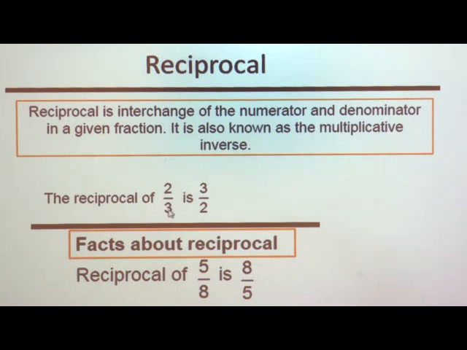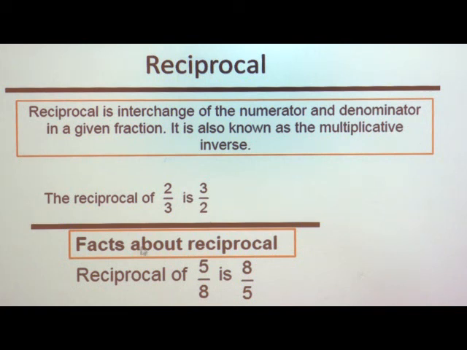So the denominator 3 will go in the numerator, and the numerator 2 will go in the denominator. We just interchange, or we can say it is a multiplicative inverse, or we can use the word reciprocal. The reciprocal of 2 upon 3 is 3 upon 2.